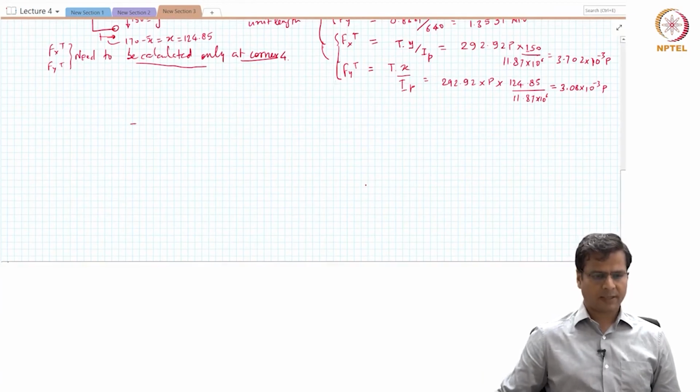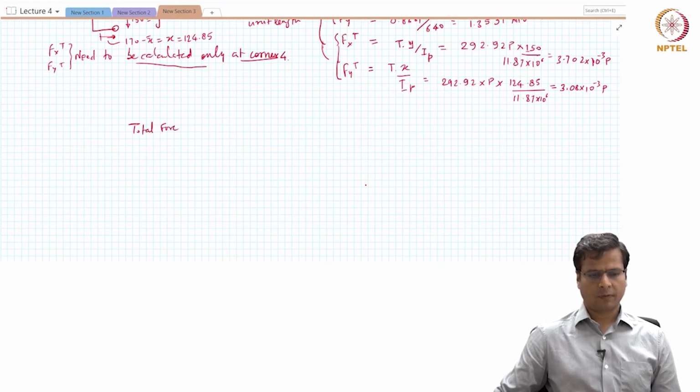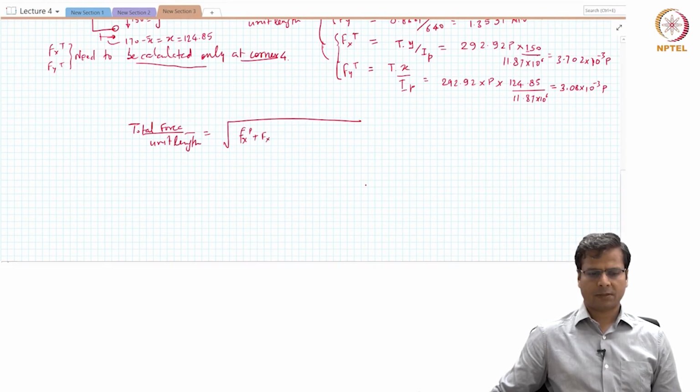Now total Fx can be calculated, total force can be calculated. Force per unit length is equal to square root of (Fxp plus Fxt) squared plus (Fyp plus Fyt) squared.